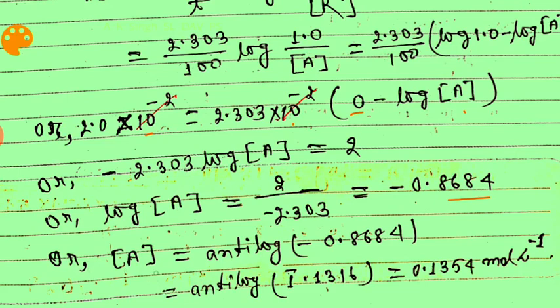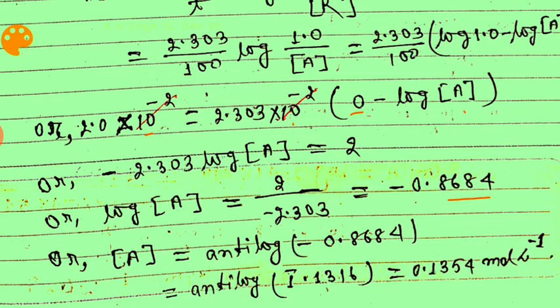And hence we can write concentration of A is equal to antilog minus 0.8684. It is equal to antilog 1 bar . 1316. If you calculate the value or see the value in the antilog table, it will be equal to 0.1354.